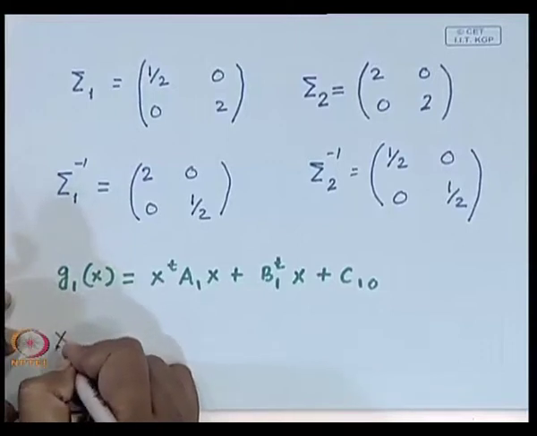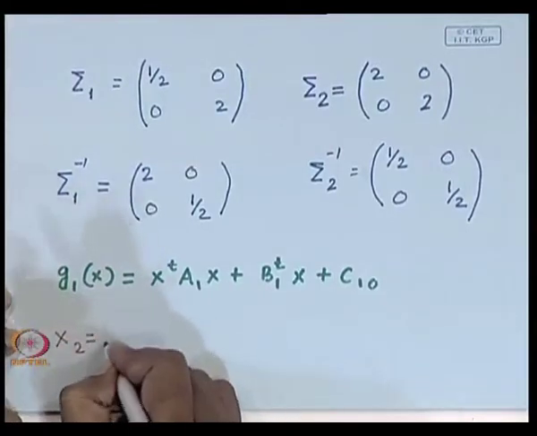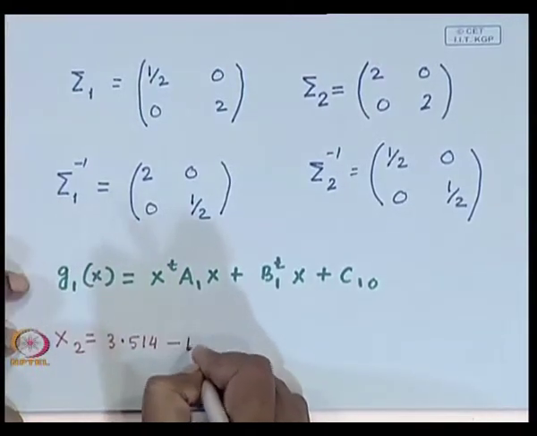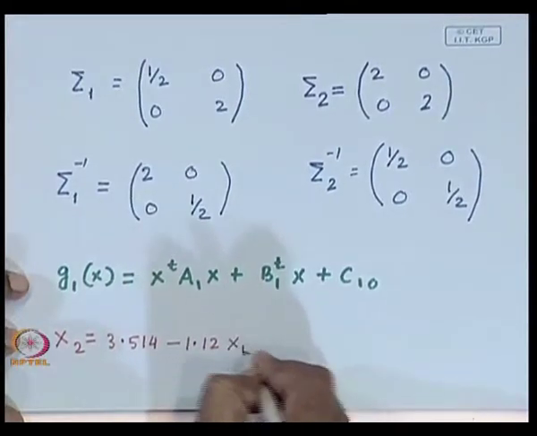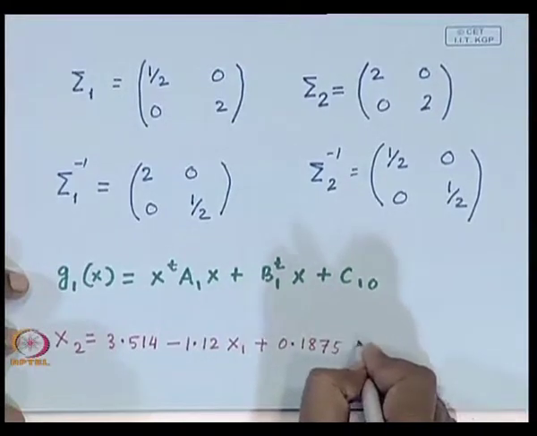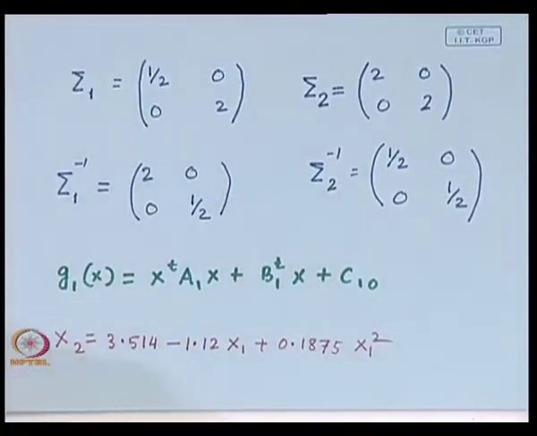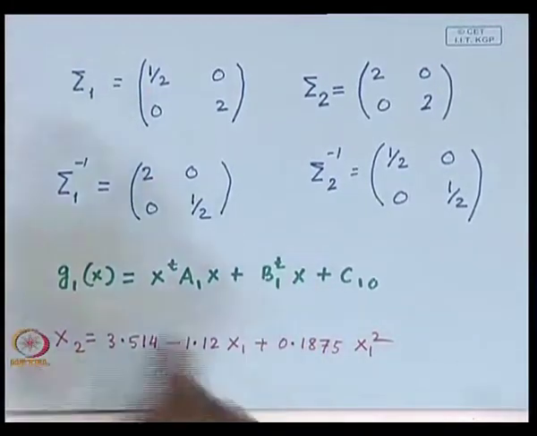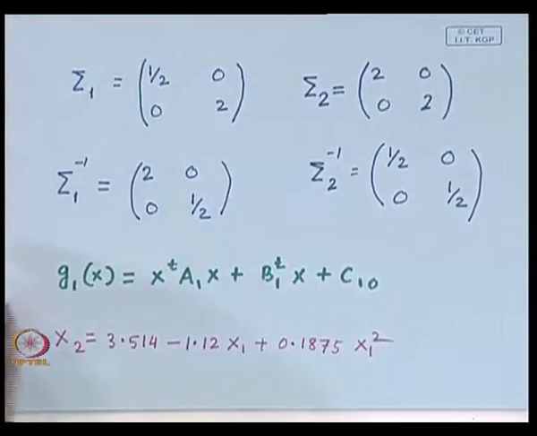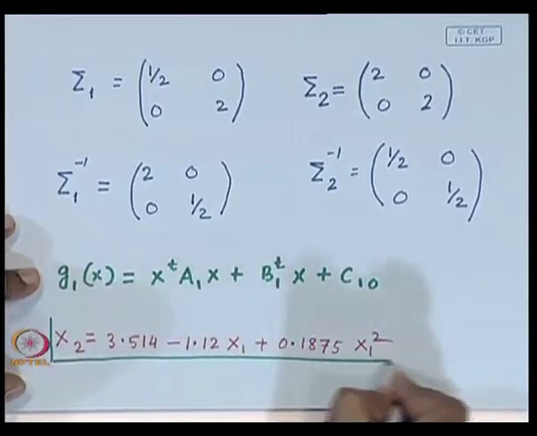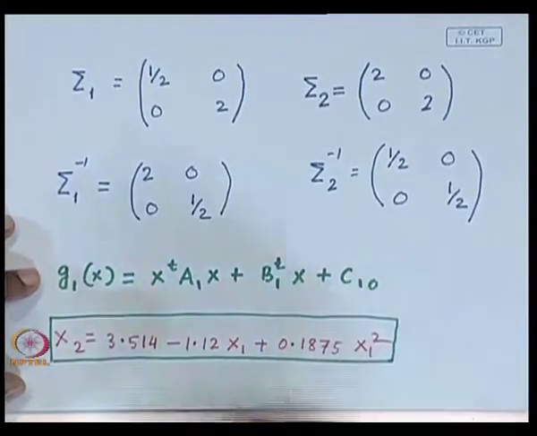The final decision surface will come out to be x 2 is equal to 3.514 minus 1.12 x 1 plus 0.1875 x 1 square. So, you find that the decision surface is really a quadratic. In this case, it is a curve, because we are in 2-dimensional space. So, the decision boundary is really a quadratic curve.